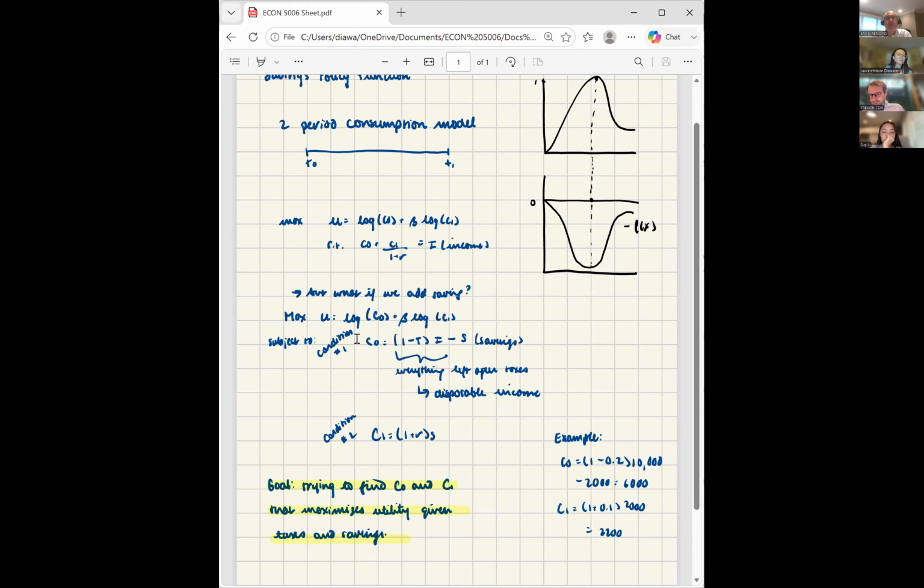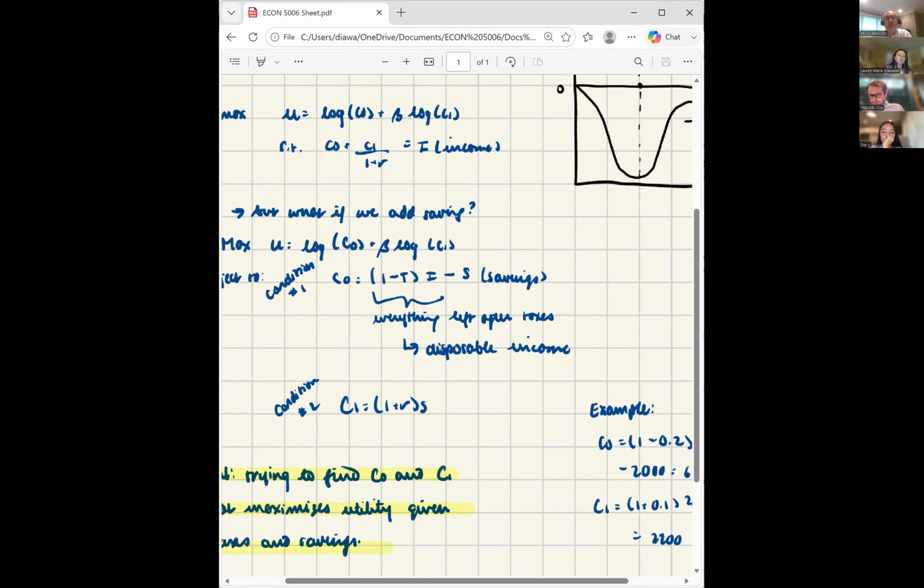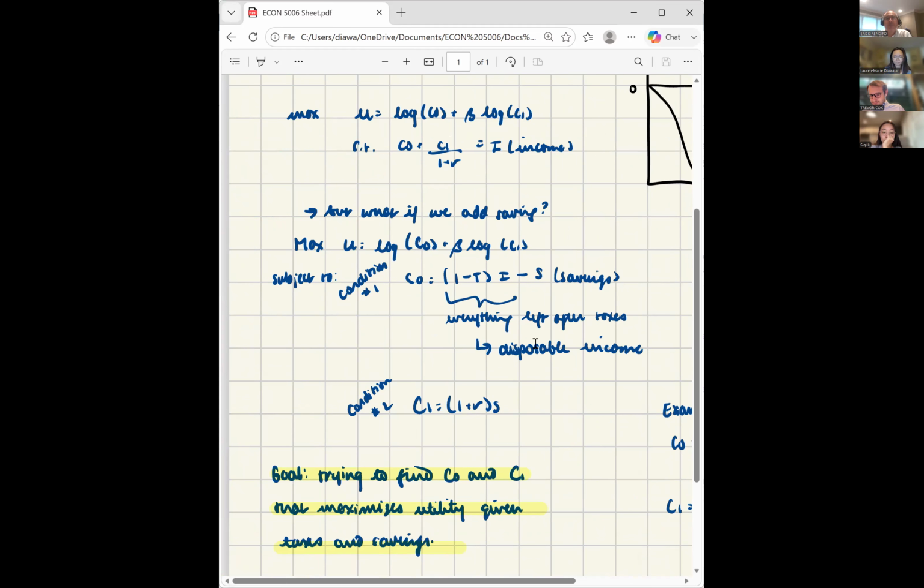In the meantime, we have this utility function, which we want to maximize, which is the log of C0 plus beta times the log of C1, where C0 is consumption at time T0 and C1 is consumption at time T1. What this program does differently than two-period consumption and two-period consumption 2 is that it manipulates taxation as well as the interest rate.